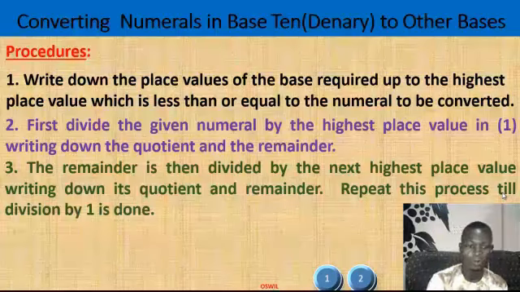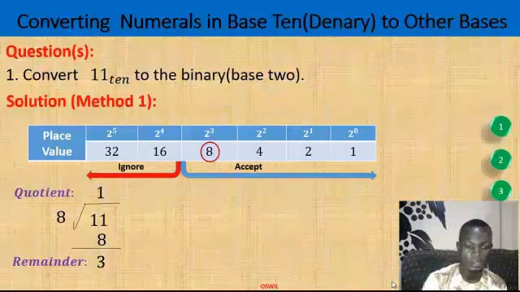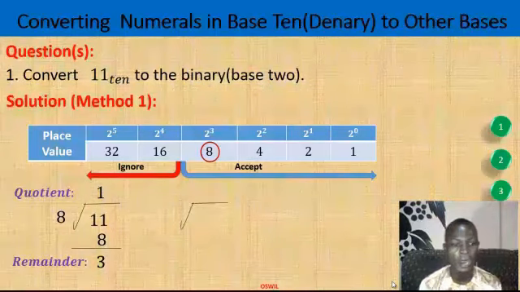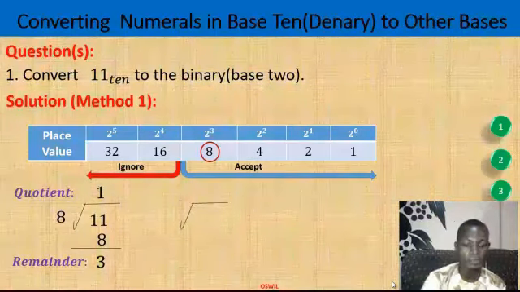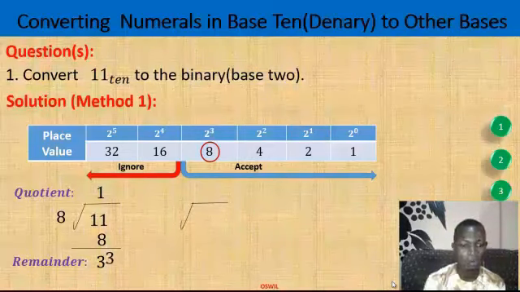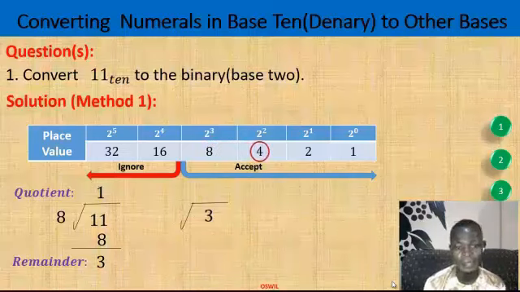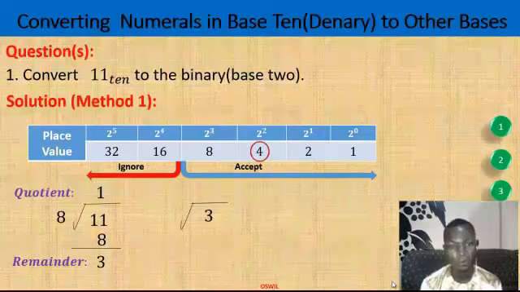So now we draw our root sign again. We write the remainder, which is 3, inside the root. Now we move to the next highest place value accepted, which is 4.